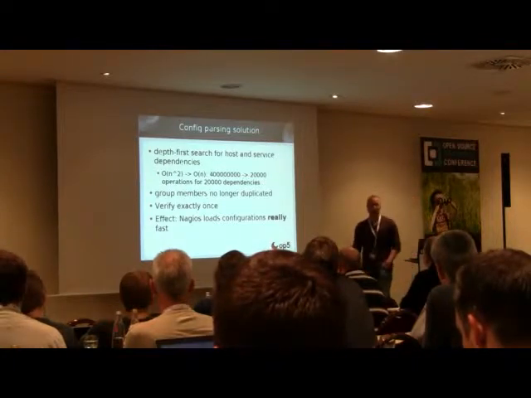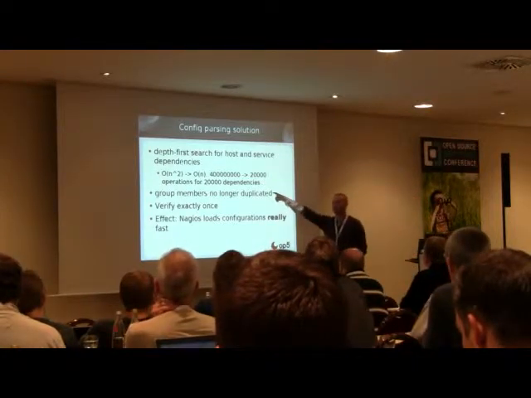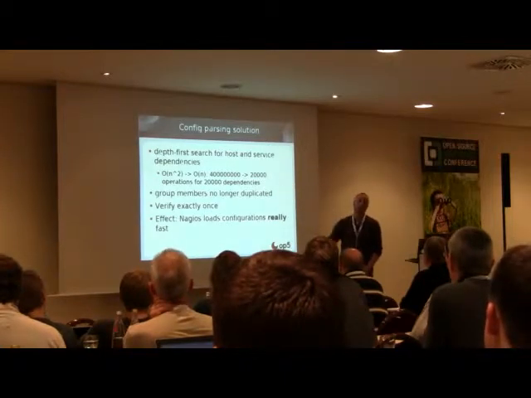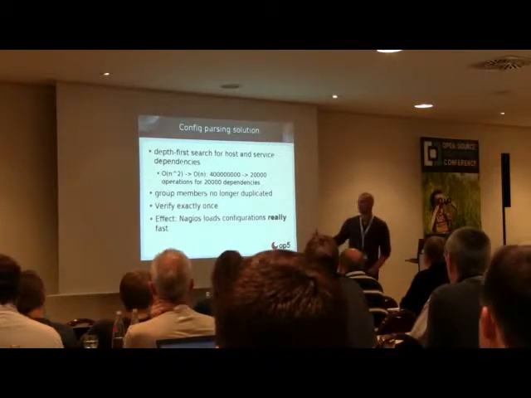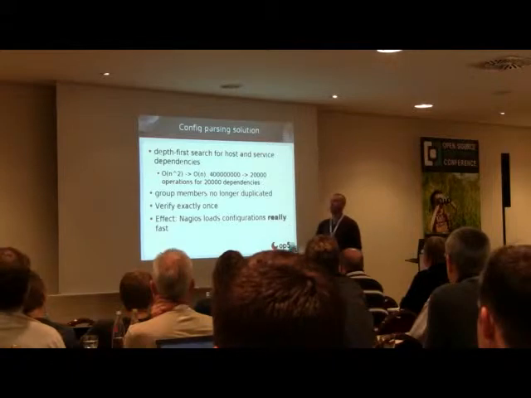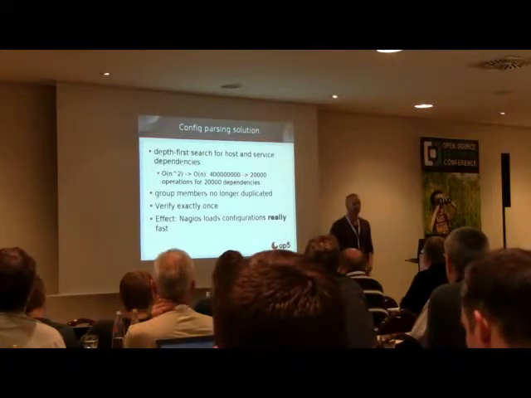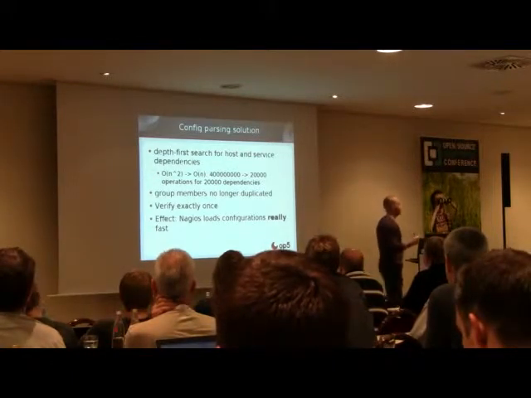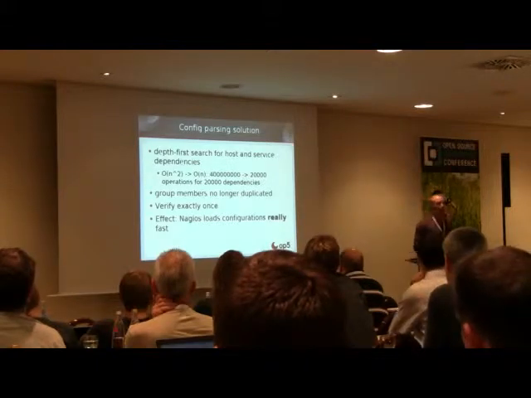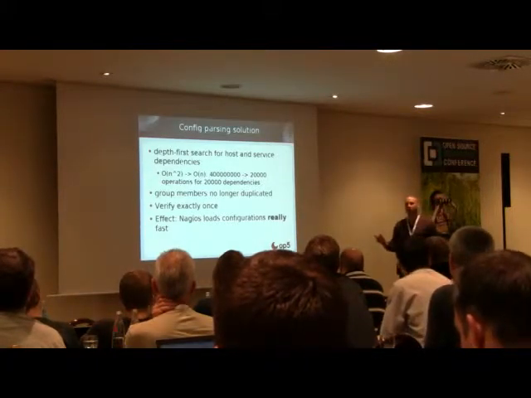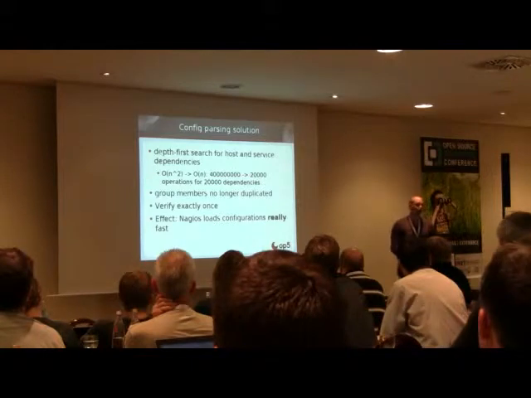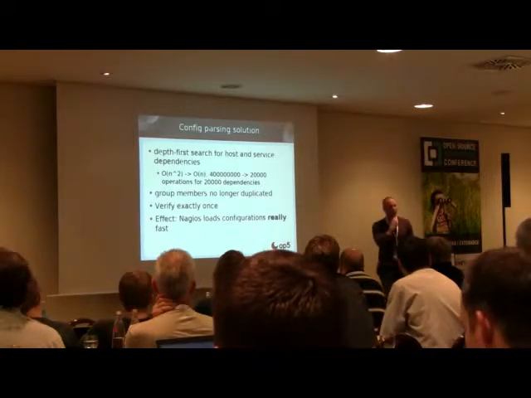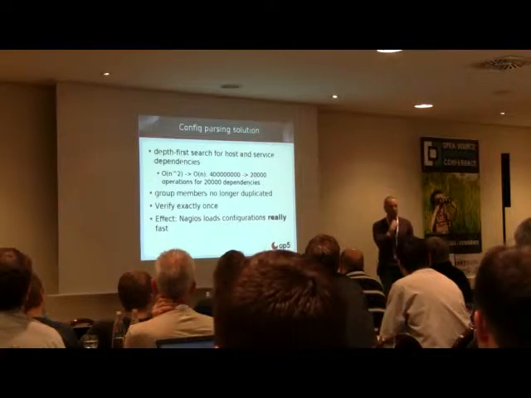The point is that we move from a polynomial algorithm, which is basically power of 2, to a linear algorithm. So for 20,000 dependencies, we move from 400 million operations to 20,000. This is usually where large systems that have a lot of dependencies would get stuck. They would take forever. One guy who's in the US who helped me test this had 227,000 dependencies.